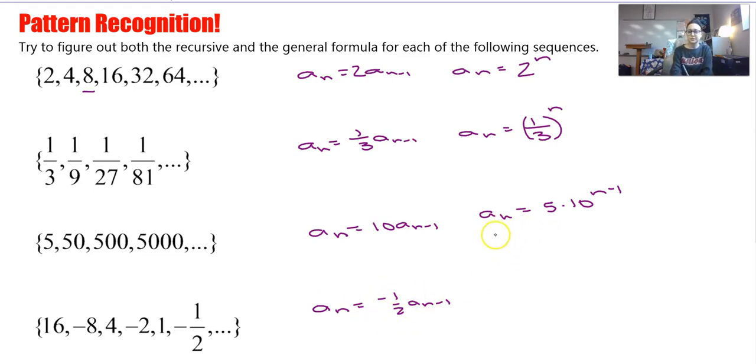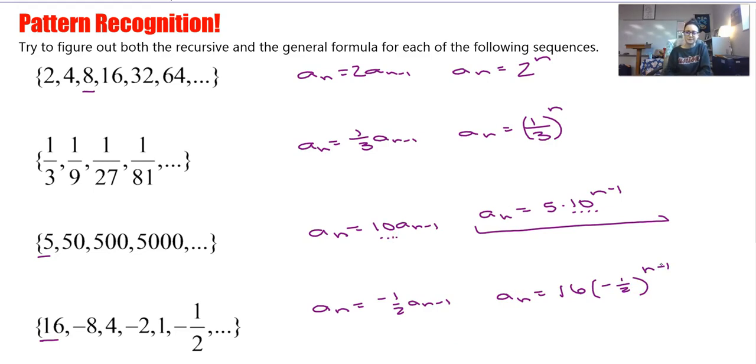So let's maybe take a cue from what we did up here. So for a sub n in general, where did this 5 come from? It came from our first term, so let's try the same thing. So let's grab 16. Where did the 10 come from? It came from what you're multiplying by each time, right? So what are we multiplying by each time this time? -1/2. And then we needed this n minus 1.